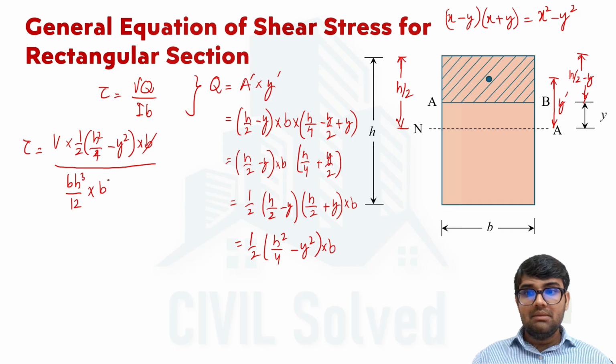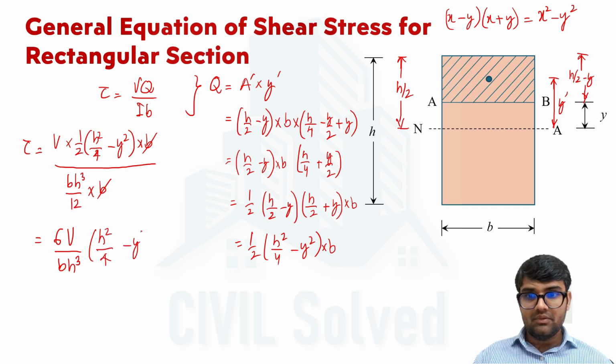Now you can see b and b will get cancelled. We can do a bit more simple calculation by taking 12 in the denominator. Then 12 divided by 2 is 6. So we have 6V in the numerator and bh cube in the denominator, and we are left with h square by 4 minus y square.